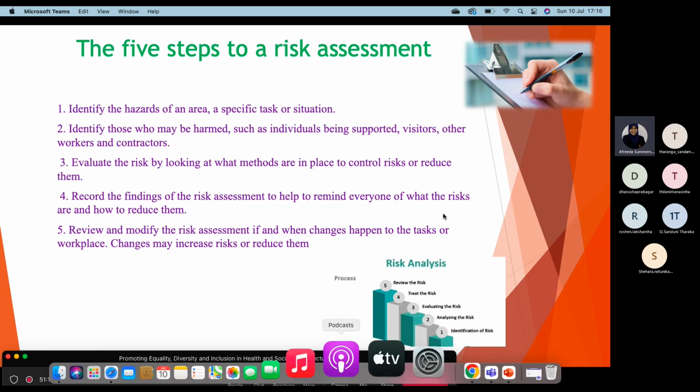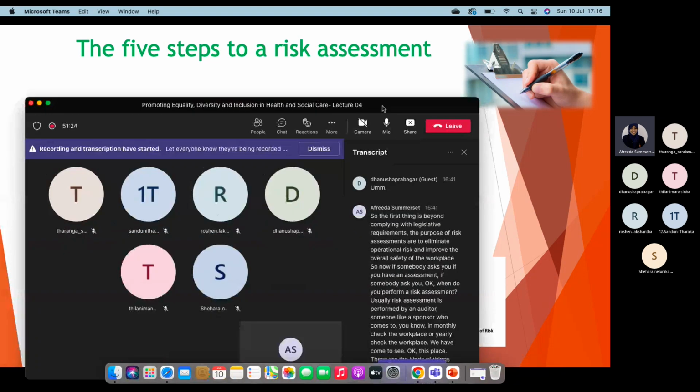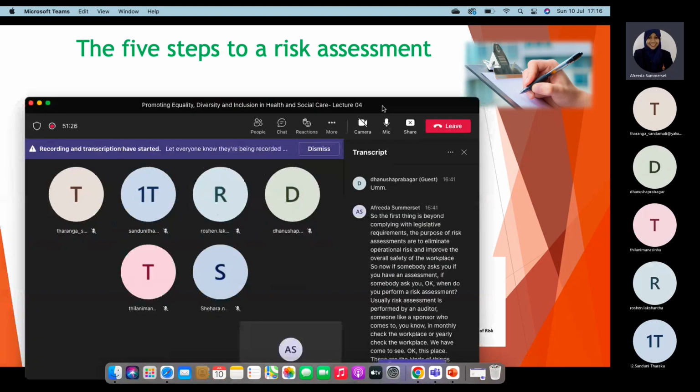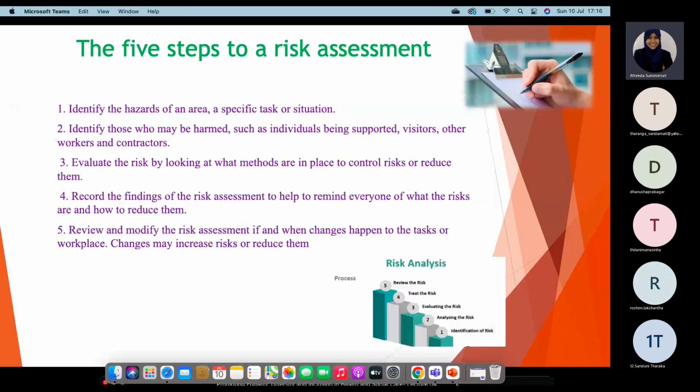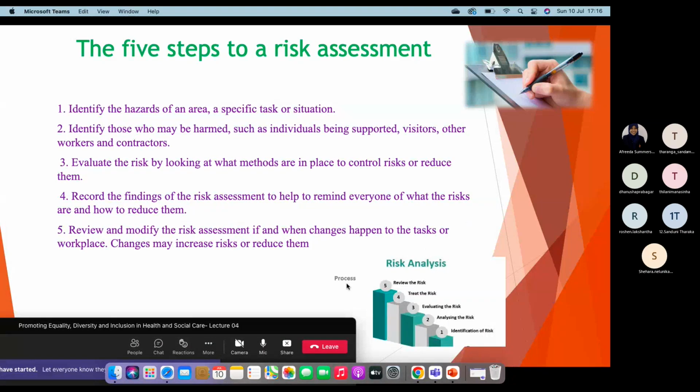Okay, so now let's ask, first of all, Danu, can you tell me the answer first? Can you give an example how you can analyze it based on these 5 points? What is the risk that you thought in your head?